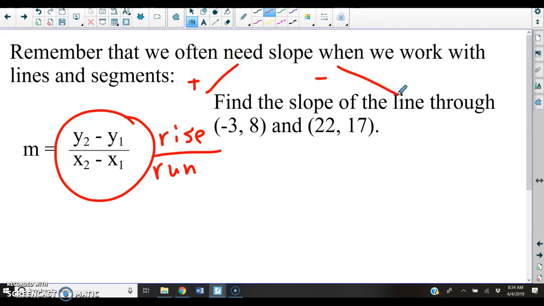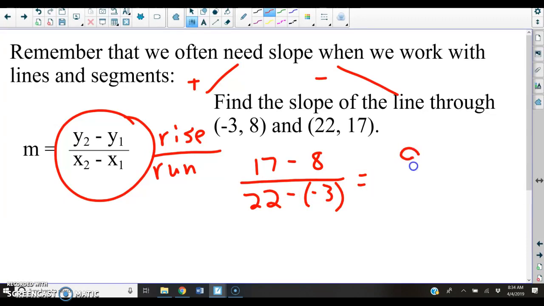So when we put this in, because the 17 is bigger than the 8, they're going to go 17 minus 8 and 22 minus negative 3. Again, it does not matter which is point 1 and which is point 2. It's positive slope. This is the same 2 points that are on the previous page. So if you go back and look at the visual, it does make sense that it's going up 9 and right 25.